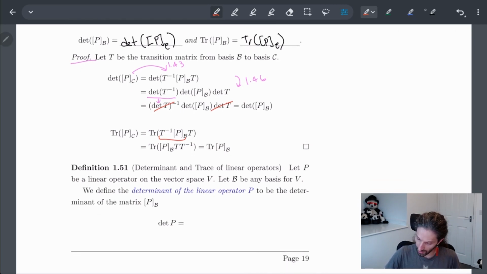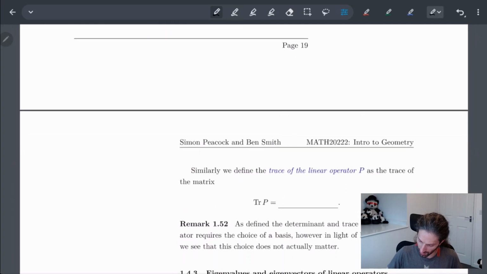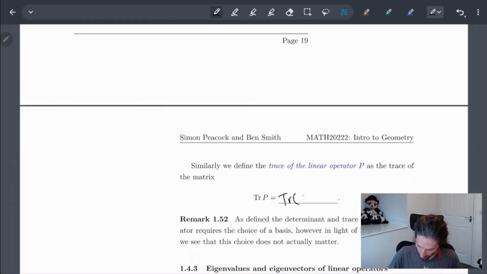And then two definitions real quick. The determinant of the linear operator is precisely what we're going to be assuming it is. We'll say the determinant of P is just going to be the determinant of its matrix. Similarly, the trace of P is going to be the trace of its matrix.